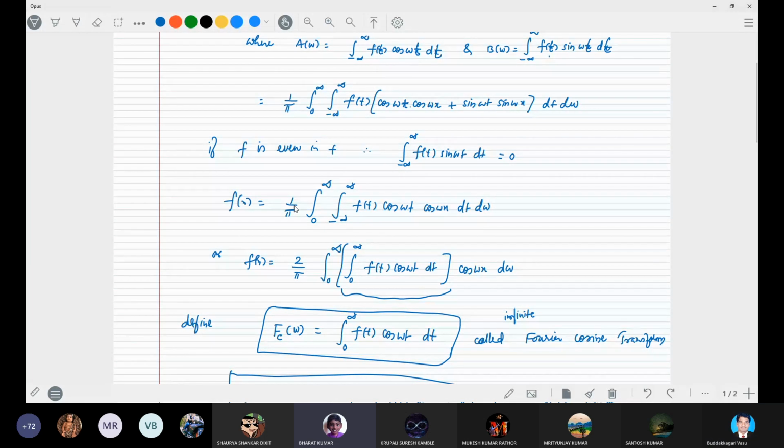I'm asking, you have named 0 to infinity f(t) cos omega t dt as the infinite Fourier cosine transform. Generally we write minus infinity to infinity for the Fourier transform, but in this case minus infinity is not there. There's a 0. You tell me why.